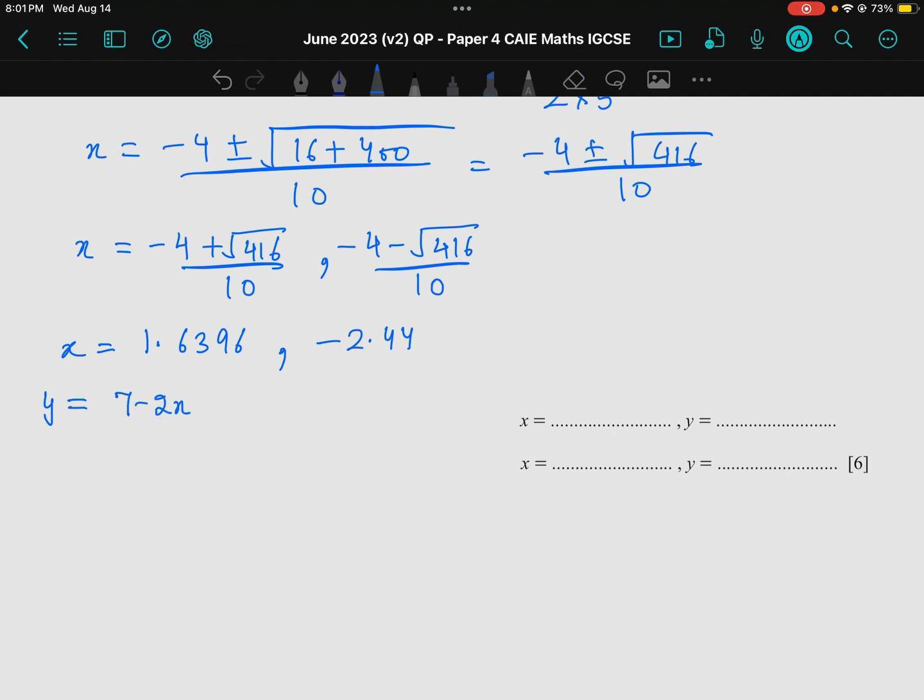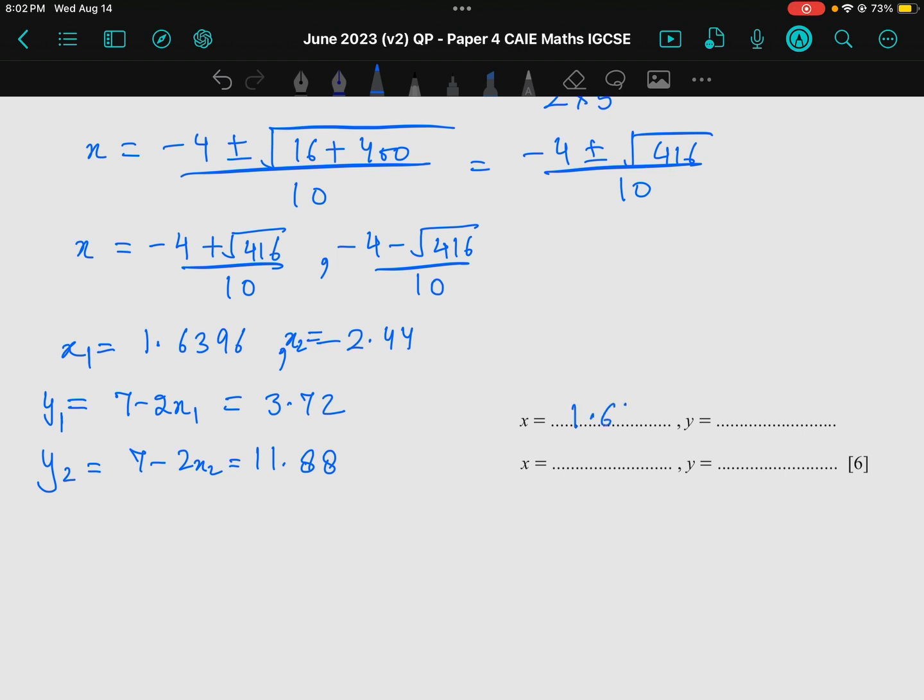7 minus 2x. Putting one value, 7 minus 2 times 1.6396, you will get 3.72. This is x1 and this is x2, so this is y1 and this is y2. 7 minus 2 x2, that means you will get the value here as 11.88.